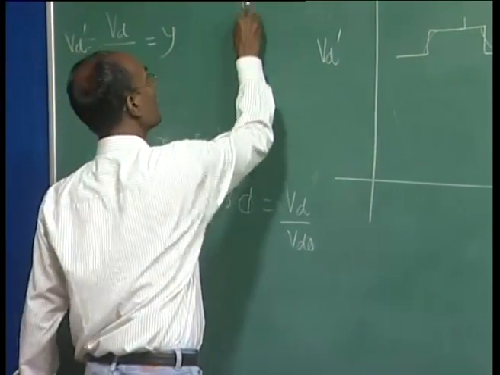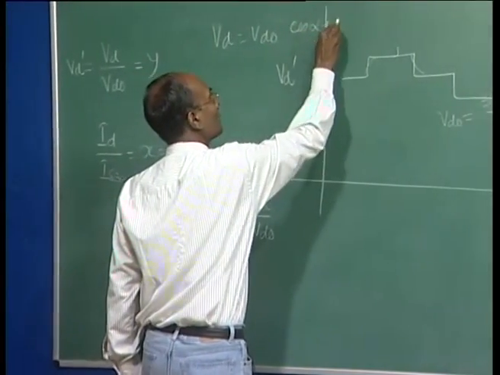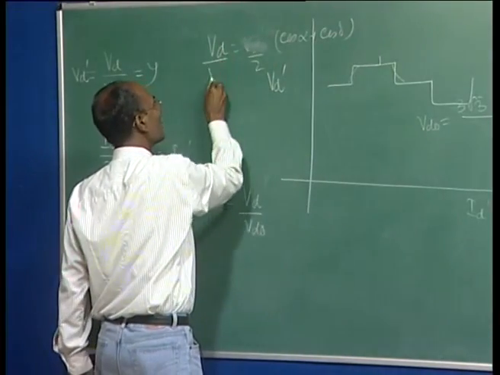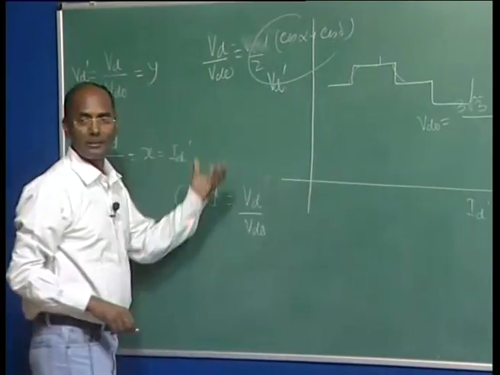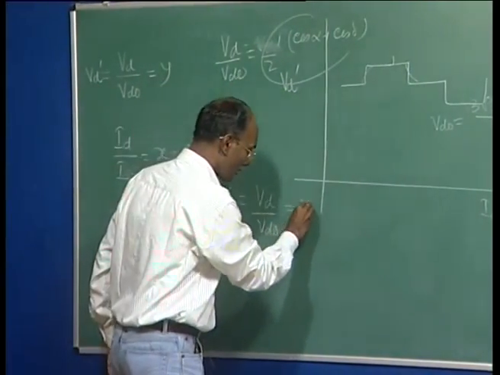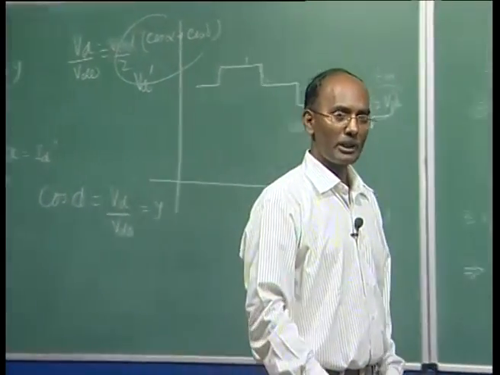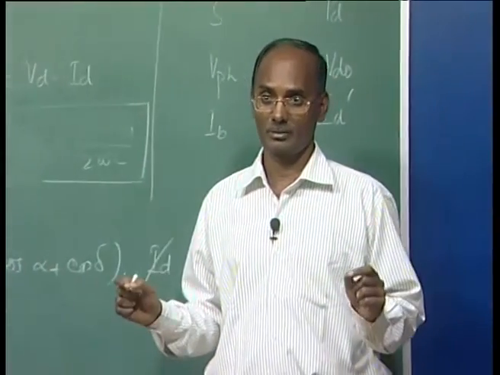Because we wrote this expression, if you remember, VD is equal to VDO cos alpha plus cos delta by 2. So if this value you divide by VDO, you are having this value. And this is nothing but VD prime. And the VD prime is nothing but your Y.